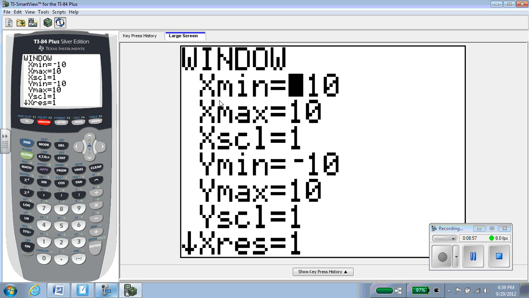My window says my x minimum is negative 10. My x maximum is positive 10. So side to side, I'm going from negative 10 to 10. That's fine. The problem is my y minimum, I sort of need it to be something like, how about negative 20, so that negative 17 will actually show up. Let's see if that works.